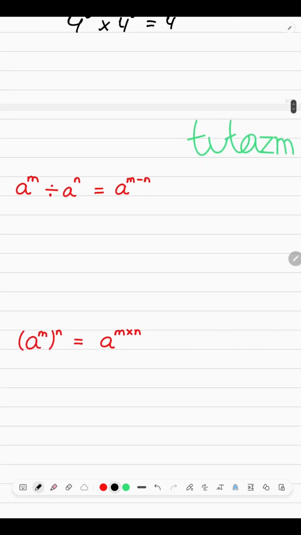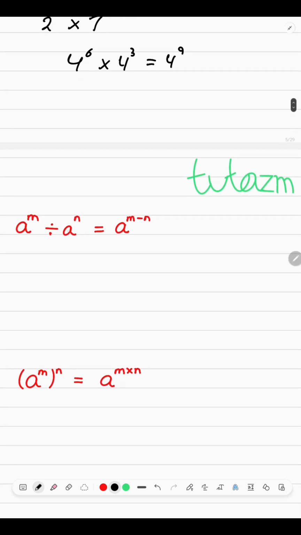Alright, the next law is when you have two numbers of the same base again, when one of the numbers is being divided by the other, you subtract their indices. So if you have 2 to the power of 4 being divided by 2 cubed, you just get 2 to the 4 minus 3, which is 2 to the power of 1, or just 2.